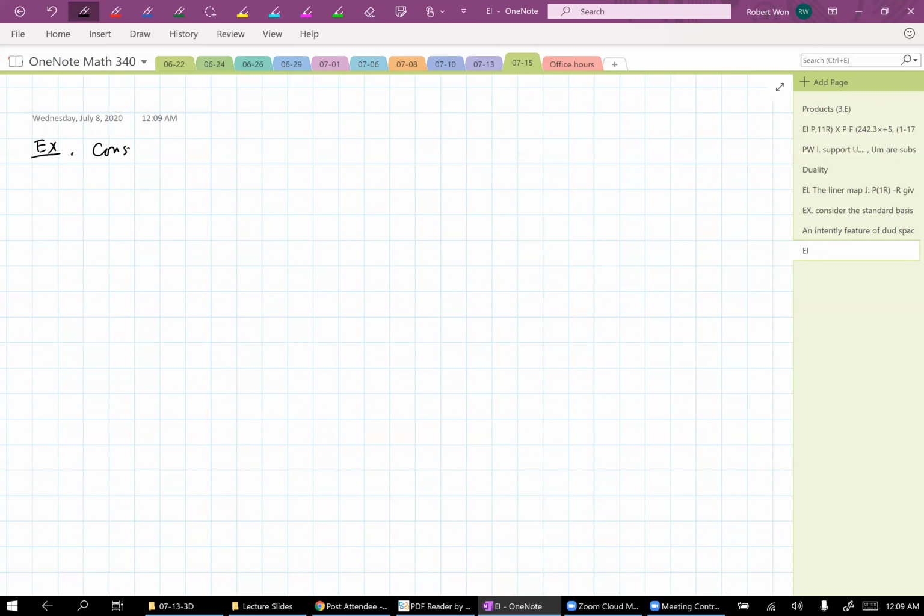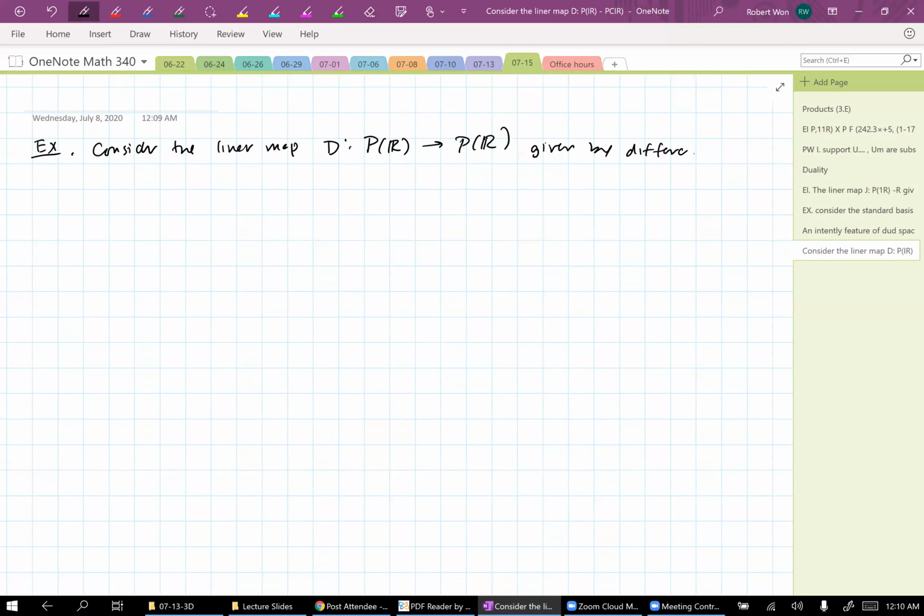Let's consider the linear map D from the set of polynomials to the set of polynomials given by differentiation. In other words, D of a polynomial just spits out the derivative of the polynomial.